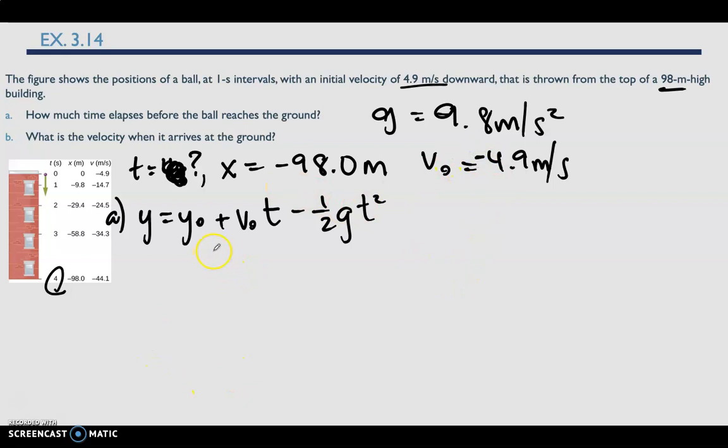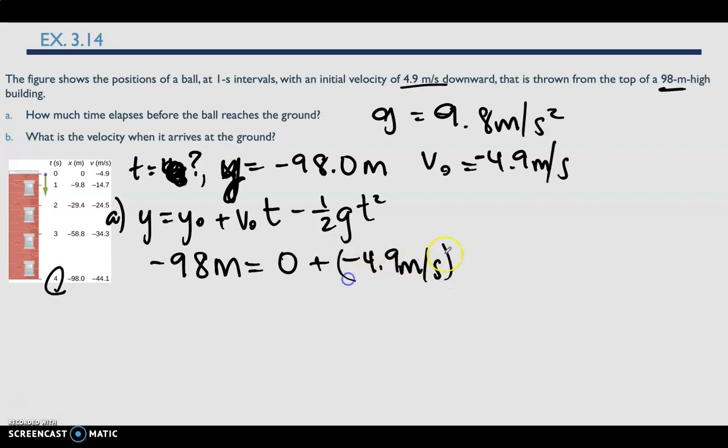Our final position, could put a y instead of the x, that's going to be 0. So we have negative 98 meters equals 0 plus v naught, which is negative 4.9 meters per second, times t minus 1/2 9.81 meters per second squared times t squared.